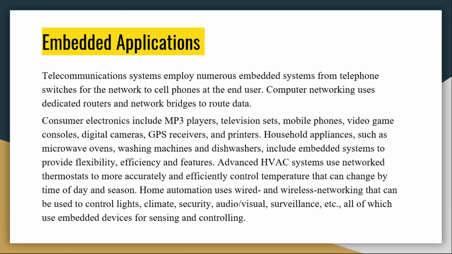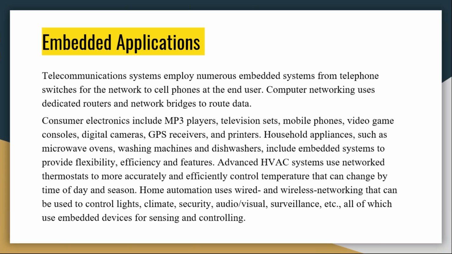Home automation uses wired and wireless networking to control our home lights, climate, security, audio, visual, surveillance, etc. All of these use embedded devices for sensing and controlling purposes.